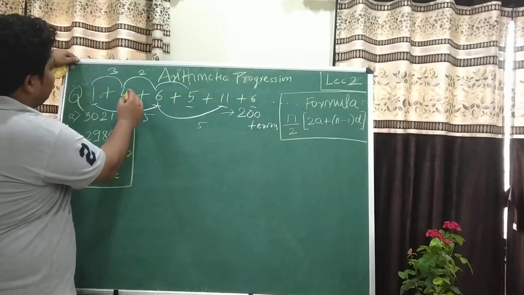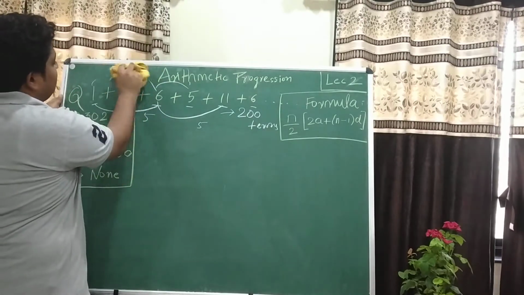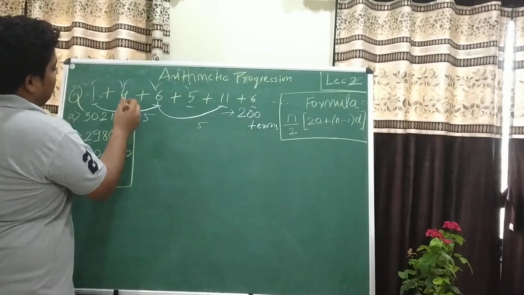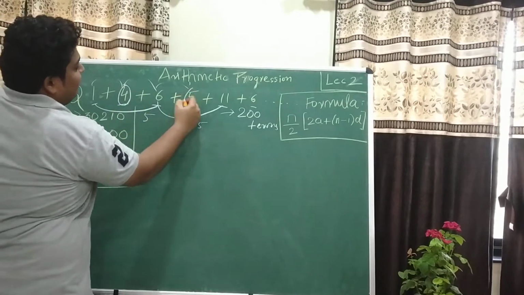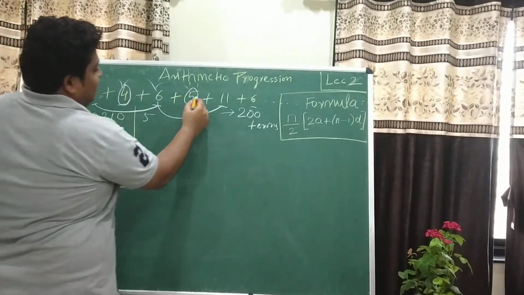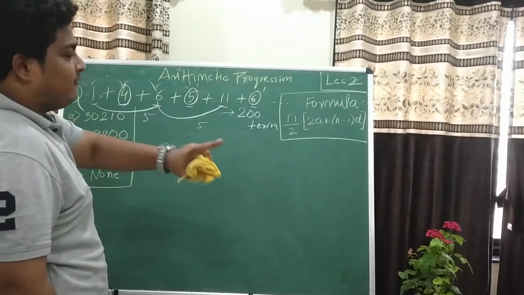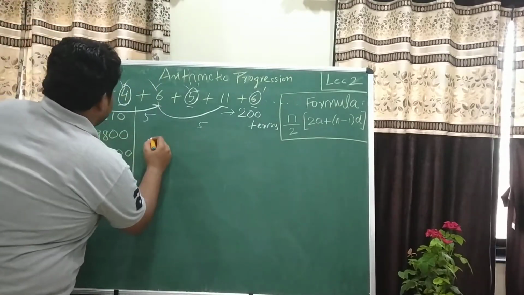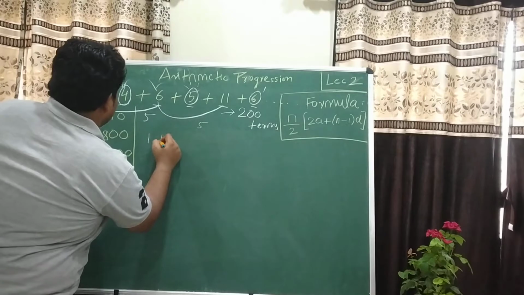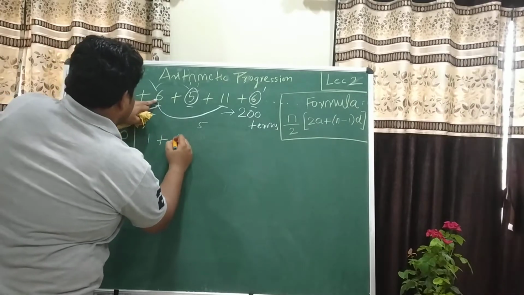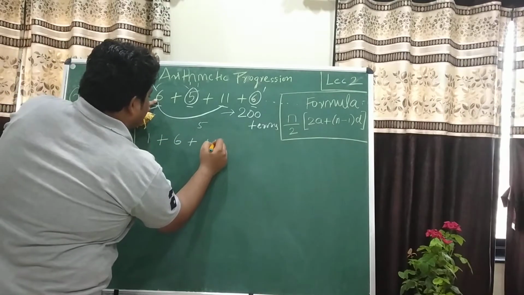And the difference between 4 and 5 is 1, and between 5 and 6 is 1, between alternate numbers. So we are getting two different series. I will write it down here. 1, 6, 11.